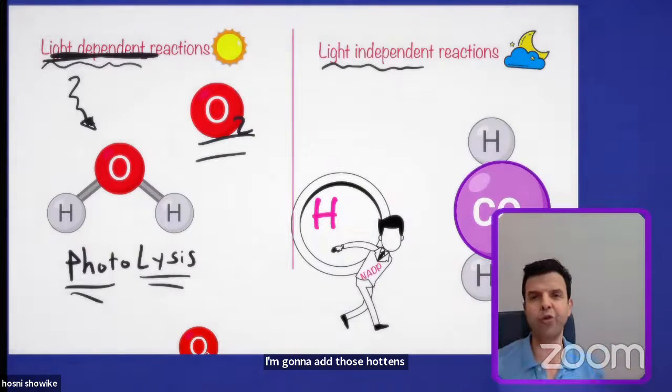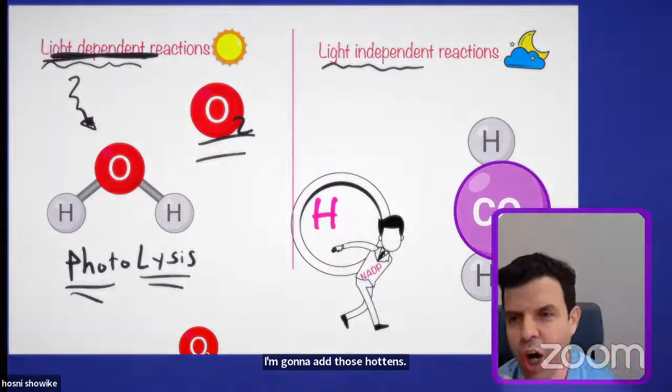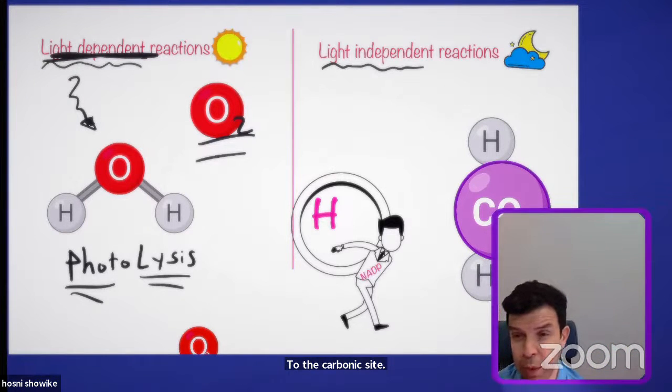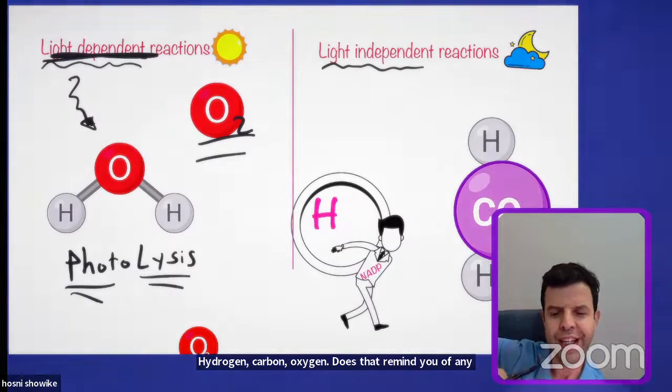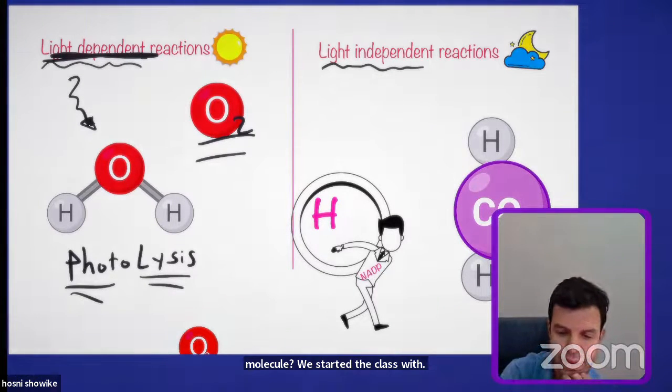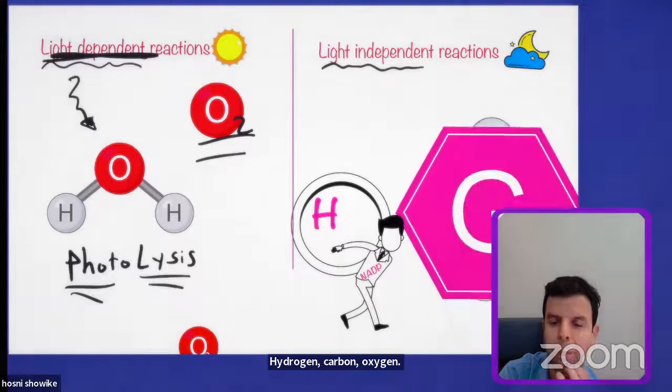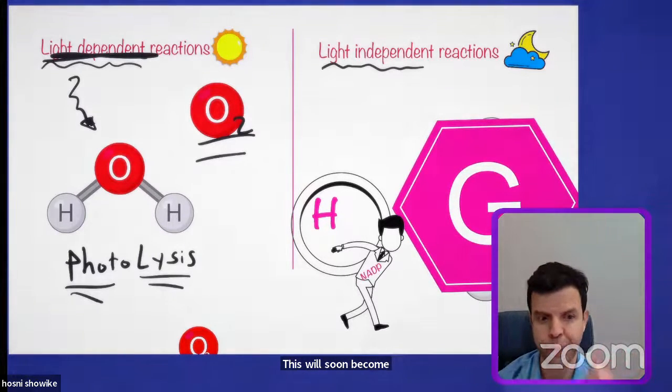Guess what's going to be the outcome? Hydrogen, carbon, oxygen. Does that remind you of any molecule we started the class with? Hydrogen, carbon, oxygen. This will soon become what? This will soon become a glucose, right?